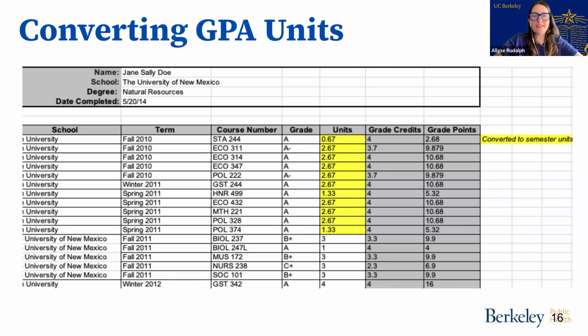In this case, that first class on the line was a 1 quarter unit class, so it's going to be the equivalent of 0.67 units. And as Stephanie mentioned before, those 2 columns on the right, grade credits and grade points, will do the math for you. So you don't need to worry too much about that.